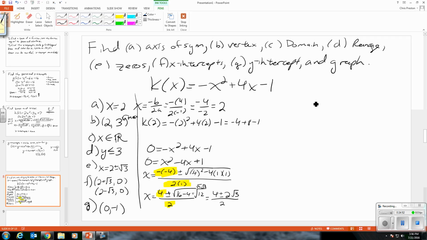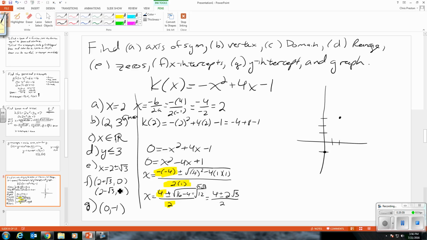All right, so now I'm ready to start drawing some graphs here. 1, 2, 1, 2, 3. Okay, there's the vertex. 0, negative 1 is that.